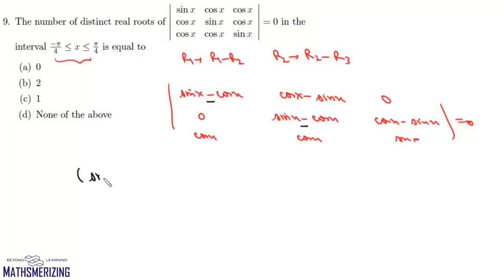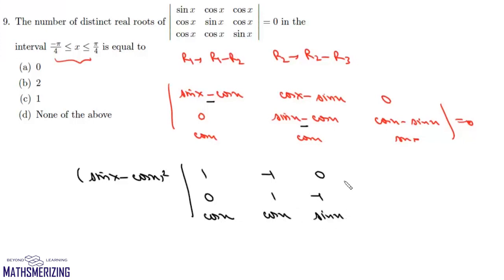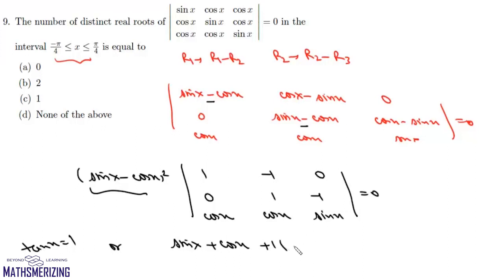So we can write sin x minus cos x whole square times the determinant with 1 minus 1, 0, 0, 1 minus 1, and then we'll have cos x and sin x, and this value will be simply 0. So from here we'll get this condition that the value of tan x is 1, or if we expand it, we can write sin x plus cos x and then plus 1, and here will be plus cos x equals 0.